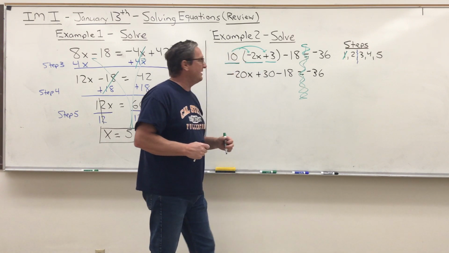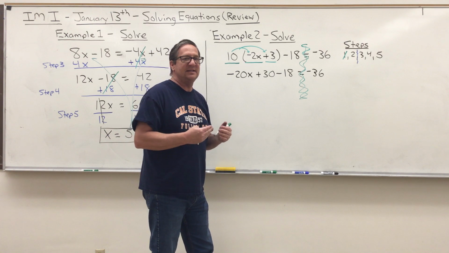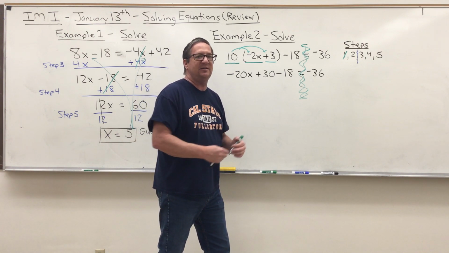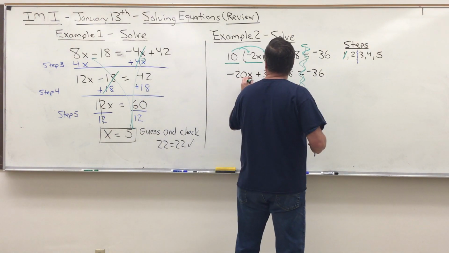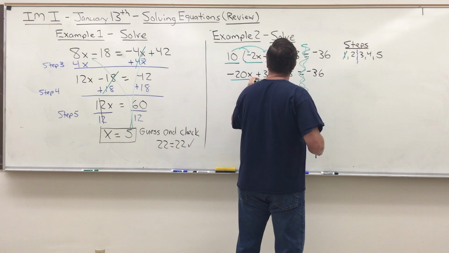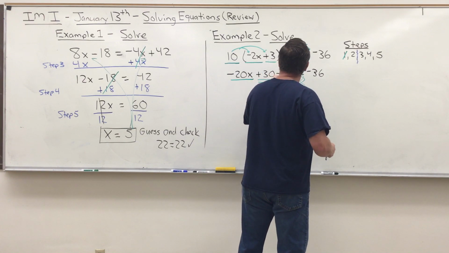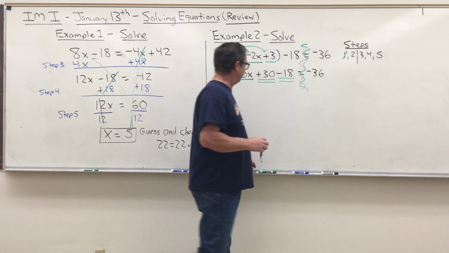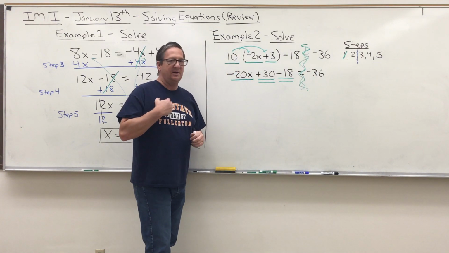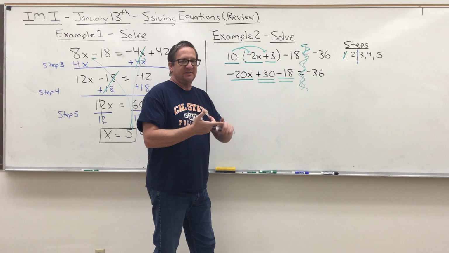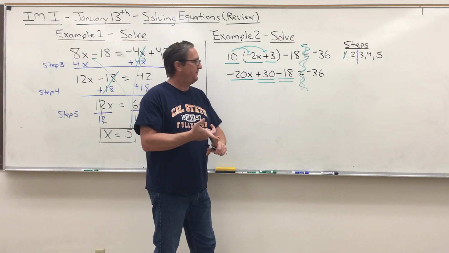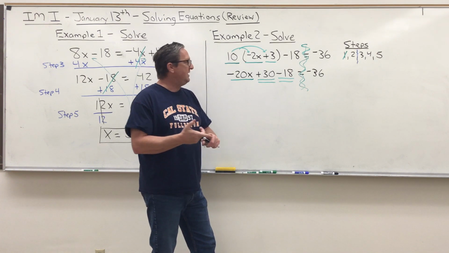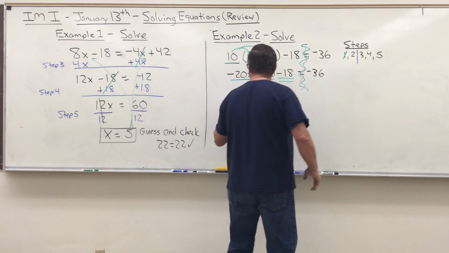Step 2 says combine like terms on the exact same side of the equation. X's with X's, numbers with numbers. The x has no one to go with, so it's negative 20x.